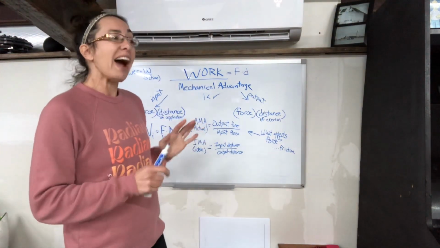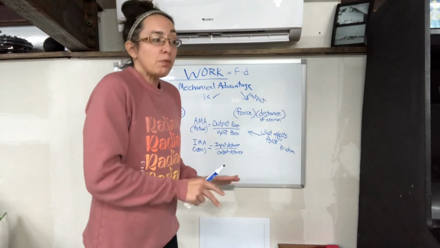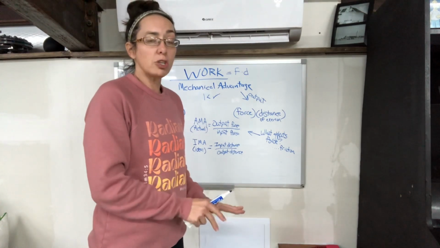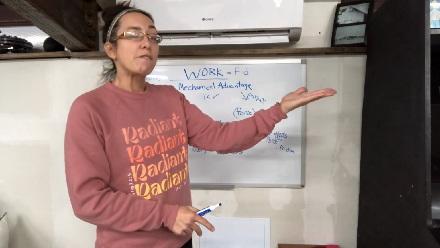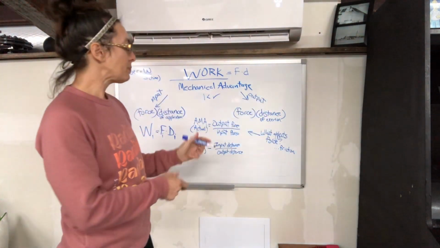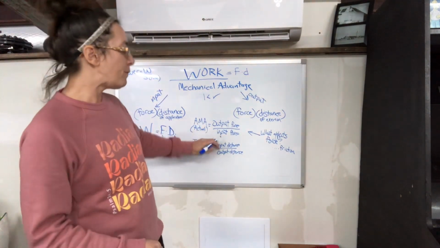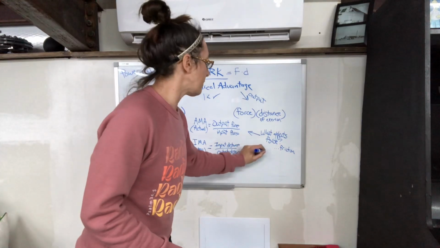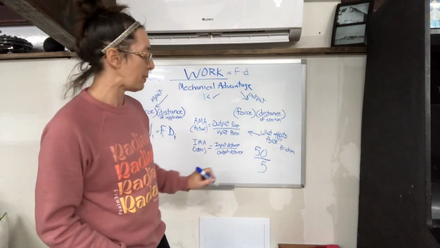And so if I can push down 5 pounds onto a lever, and I can lift 50 pounds on the other side of that lever, then I would have an actual force of 50 pounds that I lifted, but I only pushed down 5 pounds.